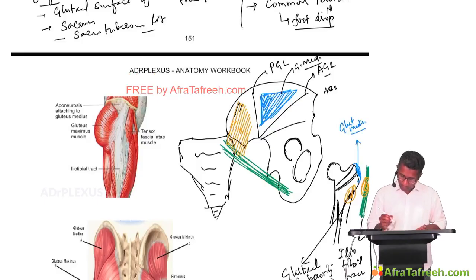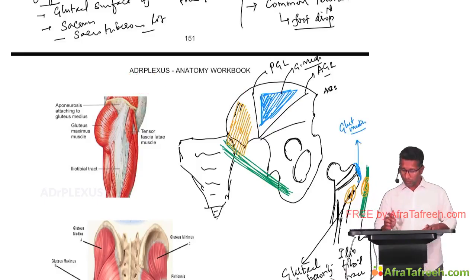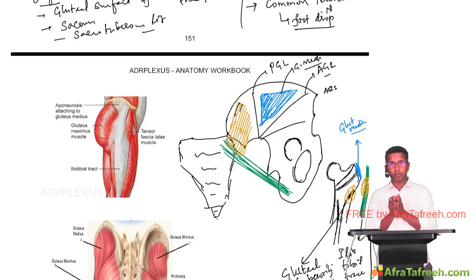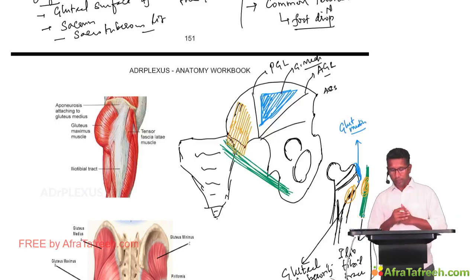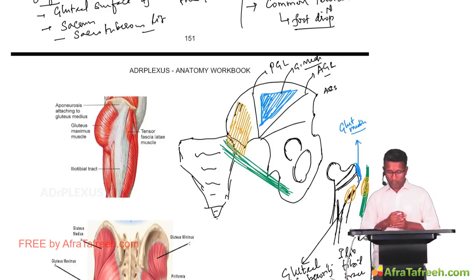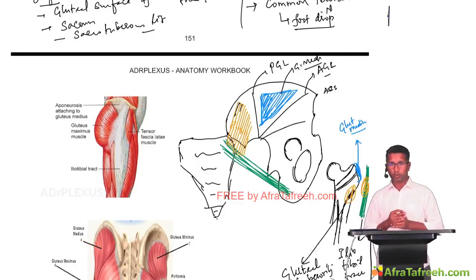It takes origin between the anterior gluteal line and the posterior gluteal line, and it gets inserted into the anterolateral aspect of the greater trochanter.